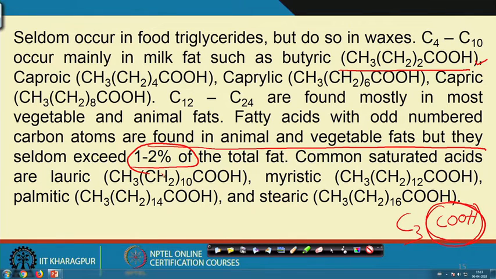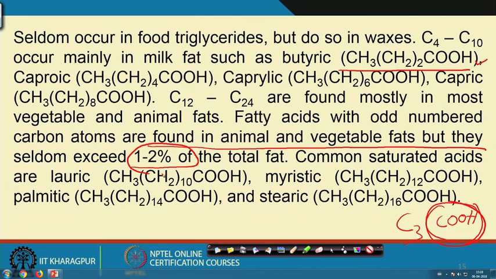It is mainly the even, and this even one is including the carboxylic acid group, and the odd one is also including the carboxylic acid group. So the odd numbers are rarely found, small in quantity, around 1 to 2%, and mostly occur in the higher carbon chains, C12 to C24, that is available in plant origin and animal origin fats, right.